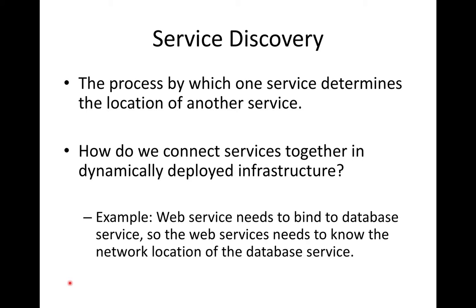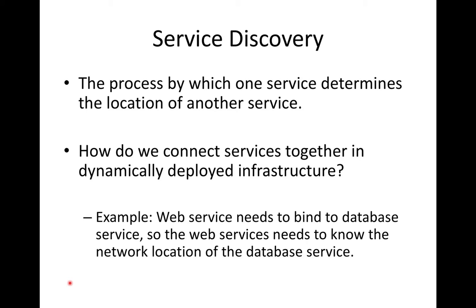For example, your web application might need to know the location of your database server so that the web application can talk to the database and make updates to database tables and insert new records and so on. Well, in order to wire these services together, you need to know the different service endpoints. You might need to have credentials to talk to something like a database.